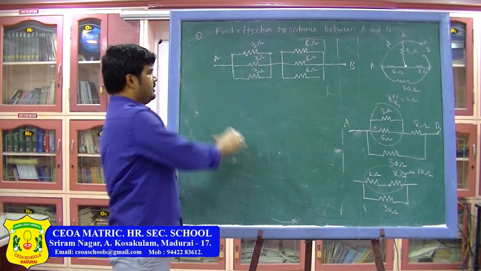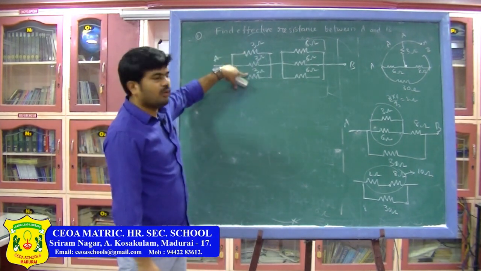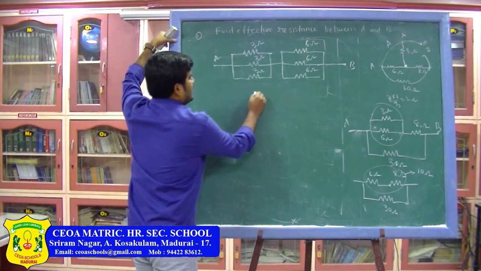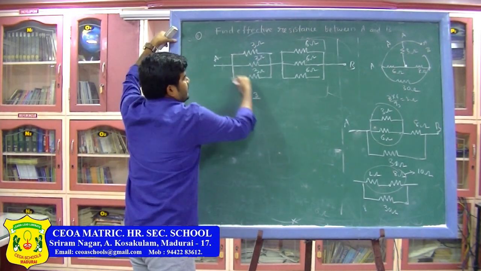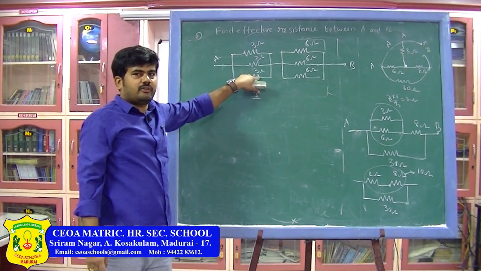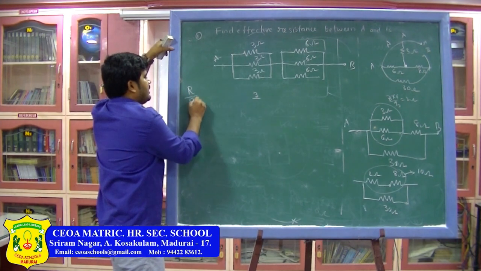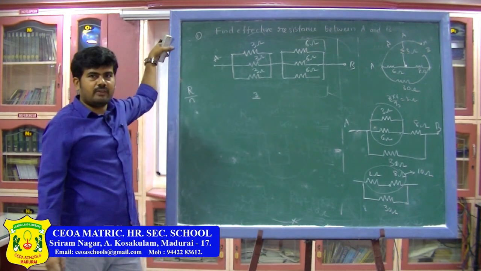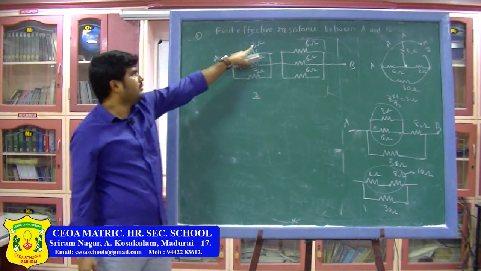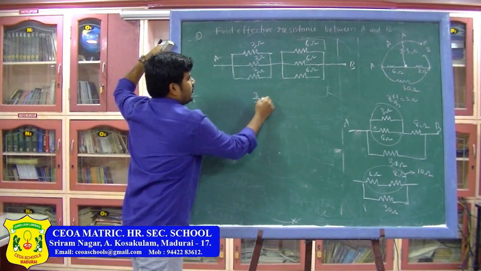So again it is a successive reduction method where there are 3 ohm resistors in parallel. So the value of this part of the circuit is the value of one resistor divided by the number of resistors, because if n identical resistors are connected in parallel, then the equivalent value is given by R by n. So the value of R is 3, number of resistors 3, so 3 by 3 will give 1 ohm.